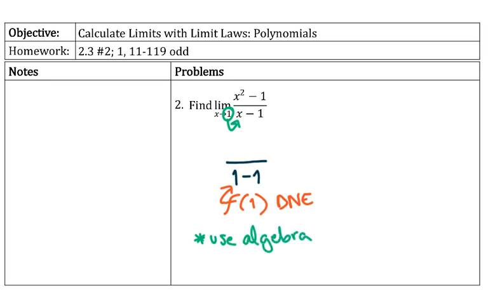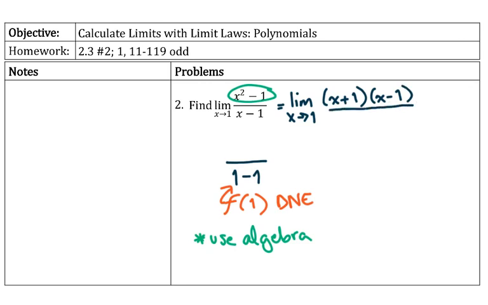Now there's two ways that you can use algebra in these types of problems. The first one we're going to look at for this lesson is just to use factoring. So we are going to factor this numerator. So we're still looking at the limit as x approaches 1 of x plus 1 times x minus 1, a nice difference of squares, over x minus 1.